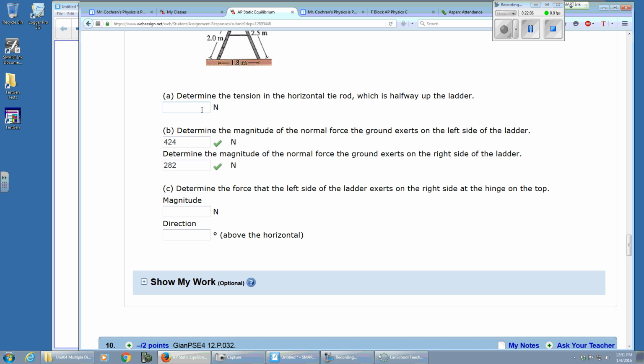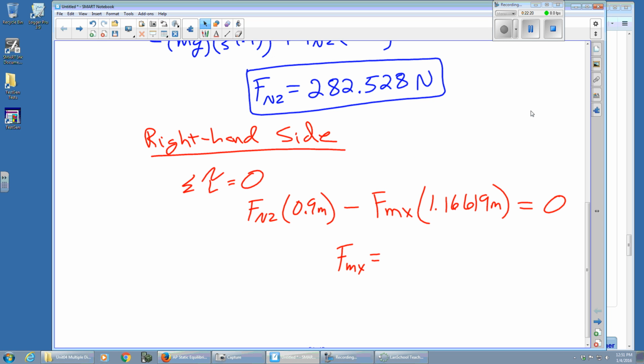So logically, it's making sense. Let's see if we got lucky again on a Monday morning, afternoon, whatever it is, and we did. So 218.